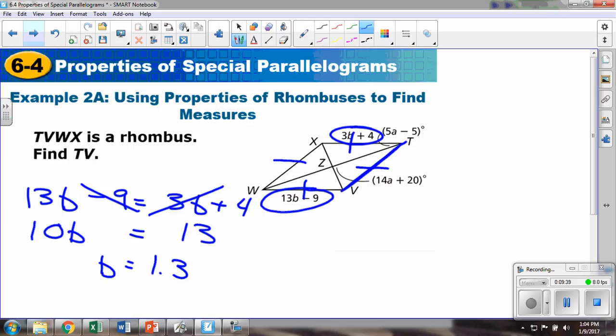So taking that right back, 3 times b plus 4. 3 times 1.3 equals 3.9. 3.9 plus 4 gives us 7.9, which tells us then that all four sides of our rhombus have to be 7.9, and that's exactly what we were looking for. One side of the rhombus is 7.9. We're finished.